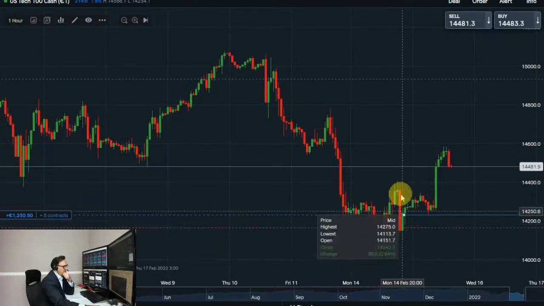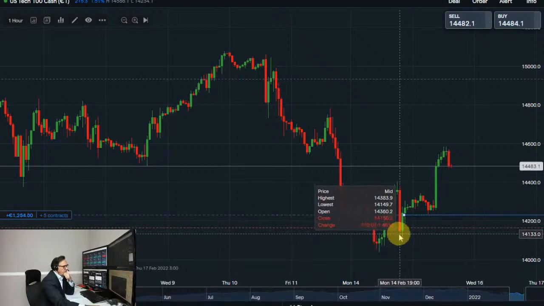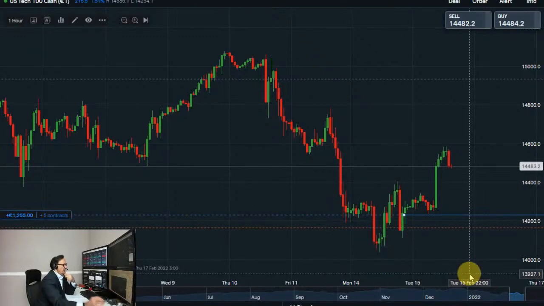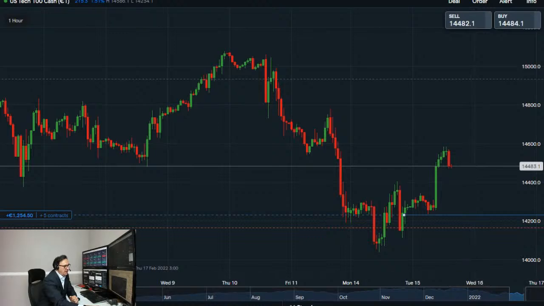So this big red candle here was triggered by a Facebook post by the Ukrainian Prime Minister, who came in and said, be prepared, the attack is imminent, the date is the 16th of February, according to the sources.